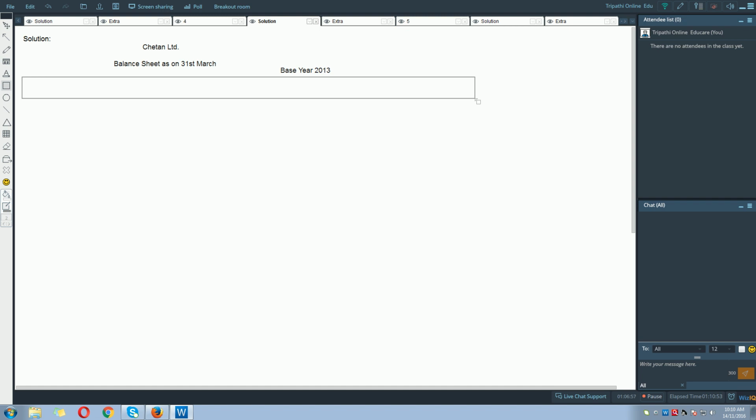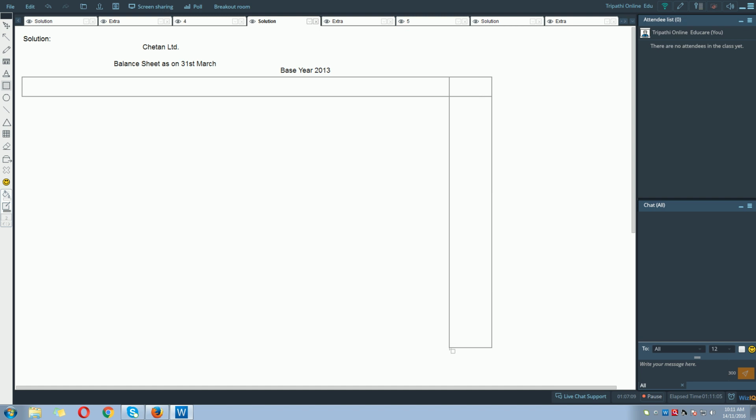Solution. Chetan Limited, balance sheet as on 31st March.